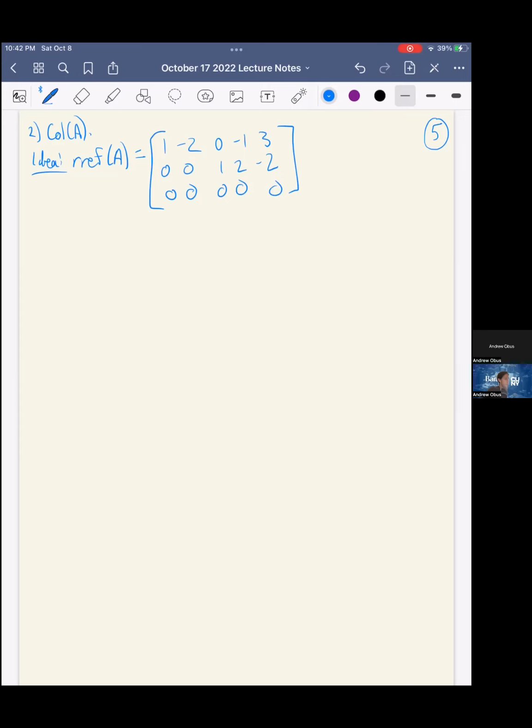If I wanted to take the column space of the row-reduced echelon form of A, by definition it's the span of (1, 0, 0), (-2, 0, 0), (0, 1, 0), (-1, 2, 0), and (3, -2, 0).